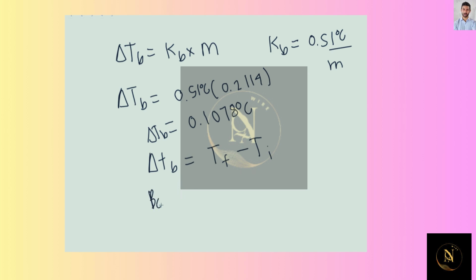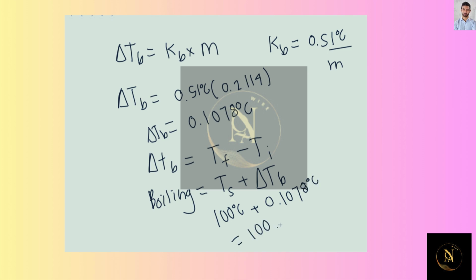The boiling point is the temperature of the solvent plus the delta TB. Our solvent is water, so we know that boils at 100 degrees Celsius, and we found that our delta TB was 0.1078 degrees Celsius. When you add them together, you get 100.12 degrees Celsius.